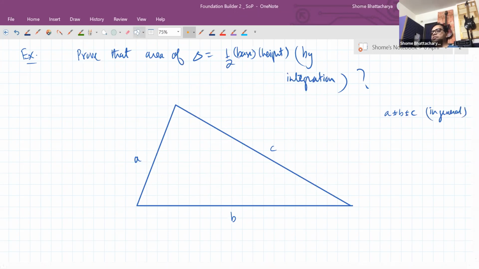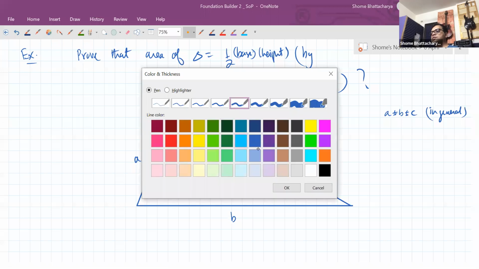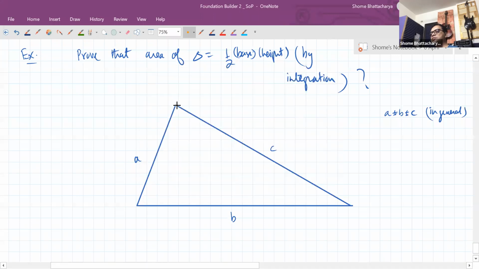But let's also see that if I drop this perpendicular here, this height is h.